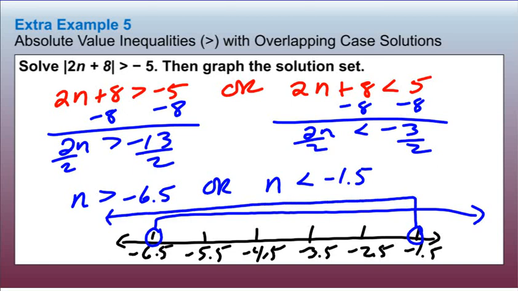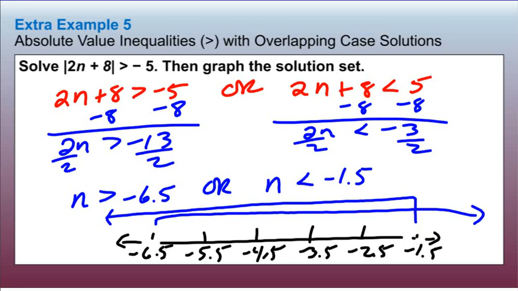Now because it has to include both, -1.5 is greater than -6.5, so it can equal -1.5 for that one. On the other side, -6.5 is less than -1.5, so that could be one there. I don't need to have the circles here.